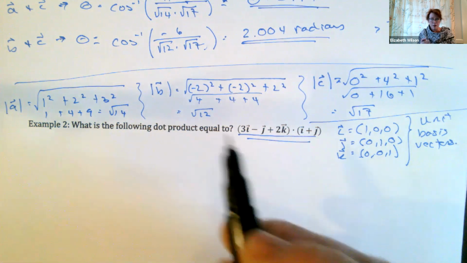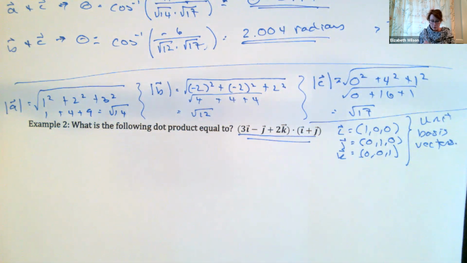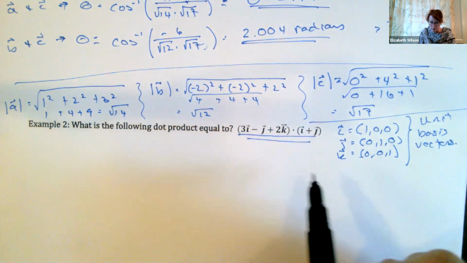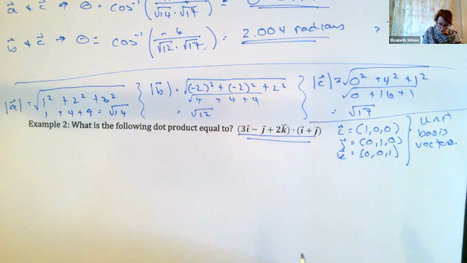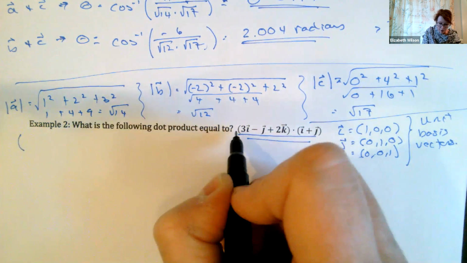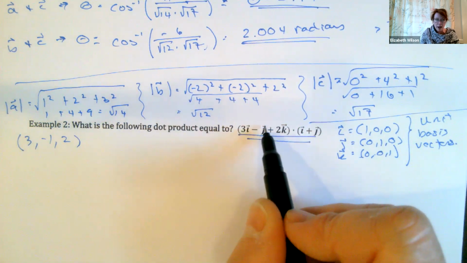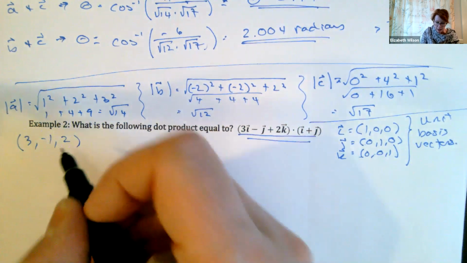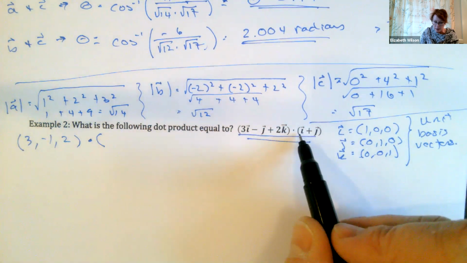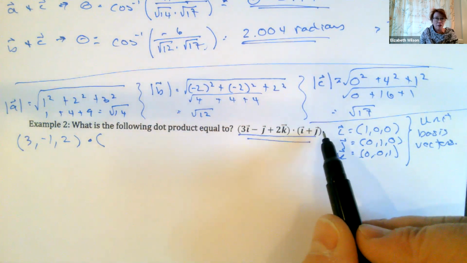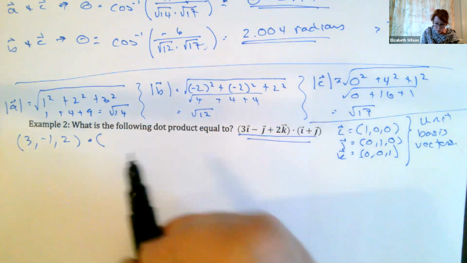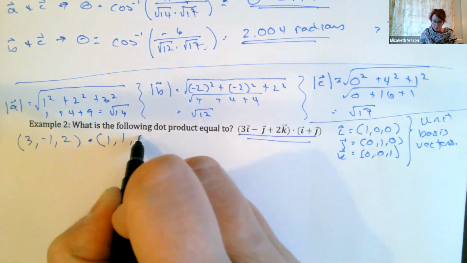But what I like to do to keep my math simple is strip out the coefficients of i, j, and k, so this is going to be 3, minus 1, 2. I'm going to dot product that with i plus j plus 0 times k. So this is 1, 1, 0.